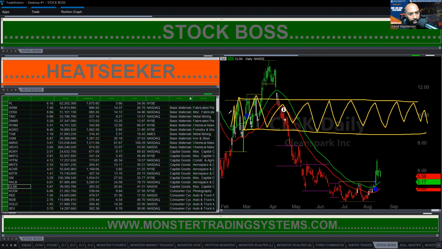Here's the buy signal, good markdown phase, but just know at $5, we only have about 3 points, so $8, before we get major resistance, and that's pretty good resistance here.